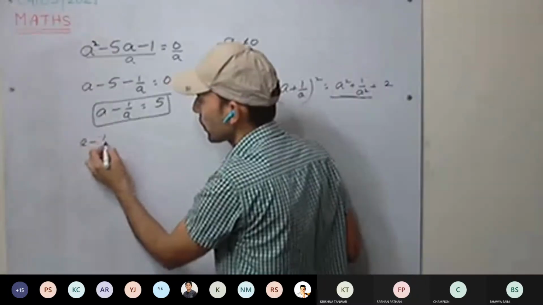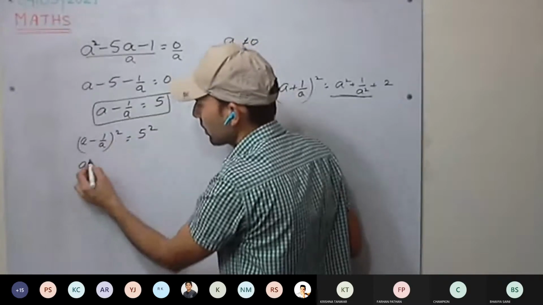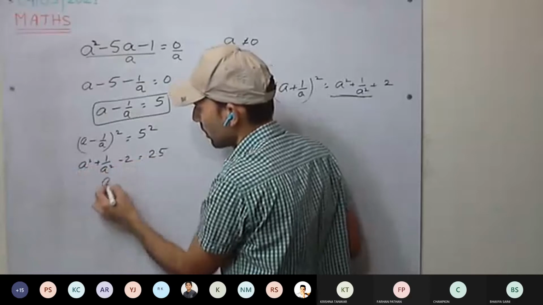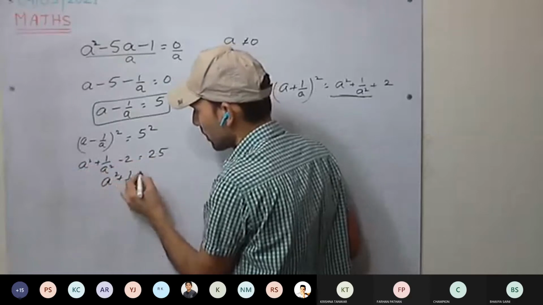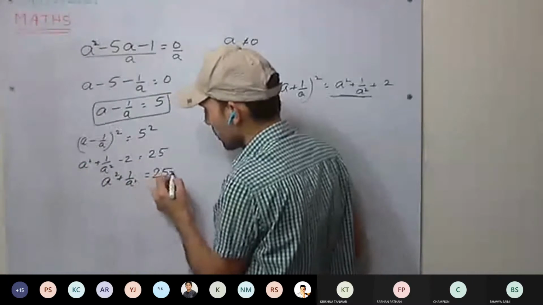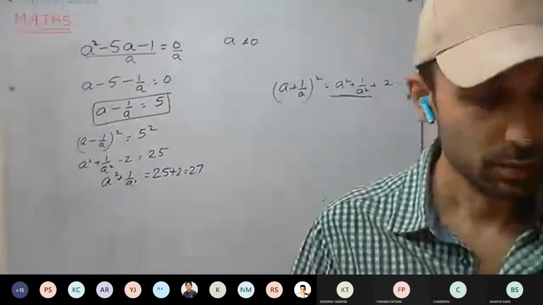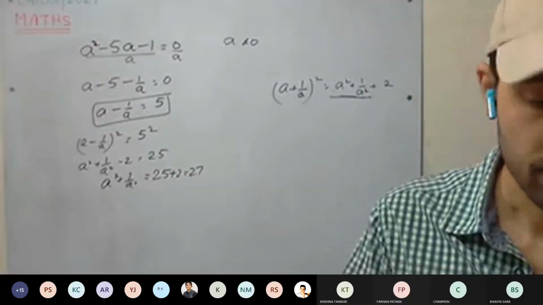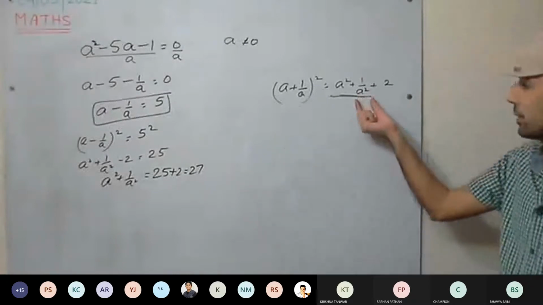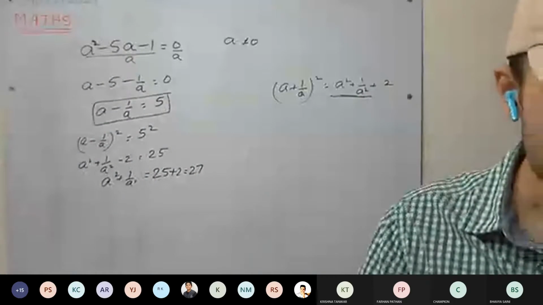Square this one on both sides. Now just put it here and you will get the value of that one.